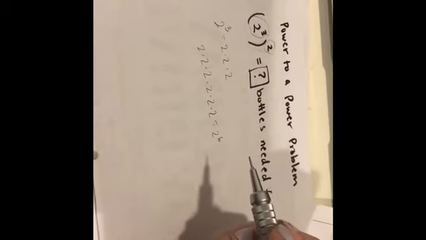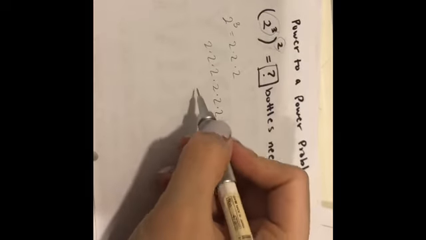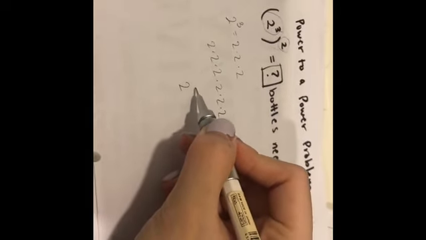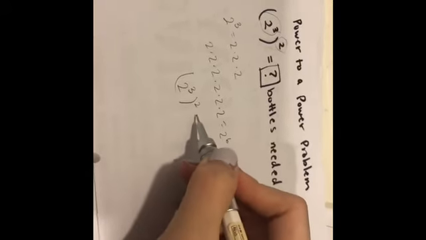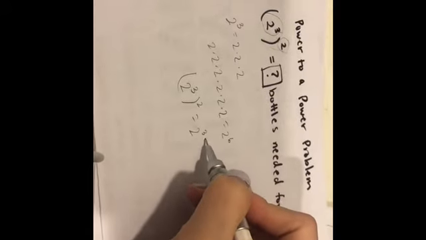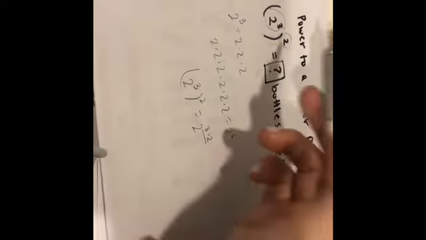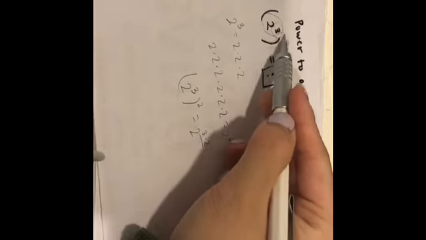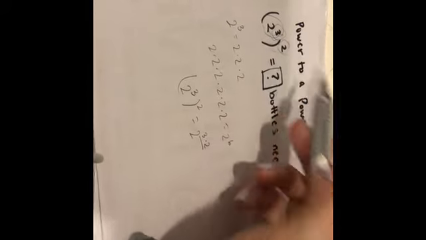So the exponent rule that this problem addresses is 2 to the power of 3, to the power of 2, equals 2 to the power of 3 times 2. So the exponent is the exponent of the first term times the power that it's raised to.